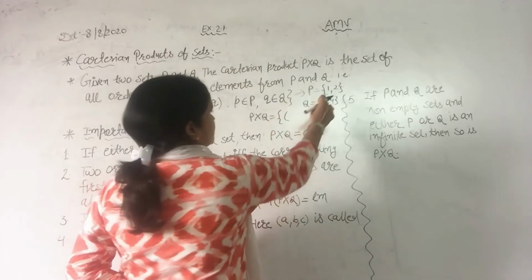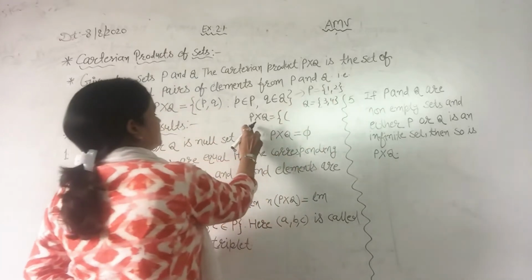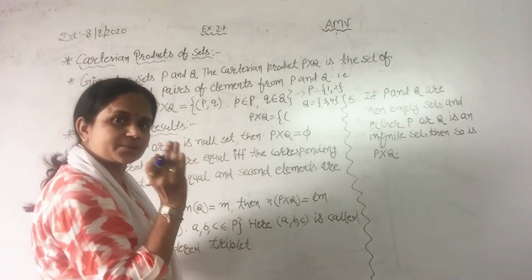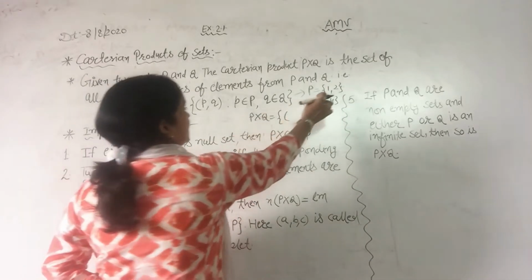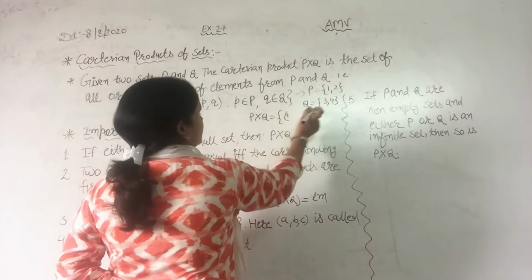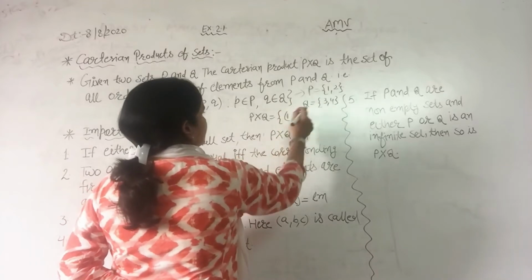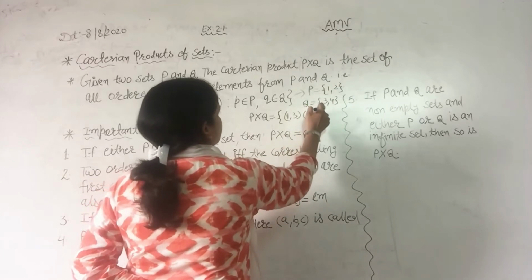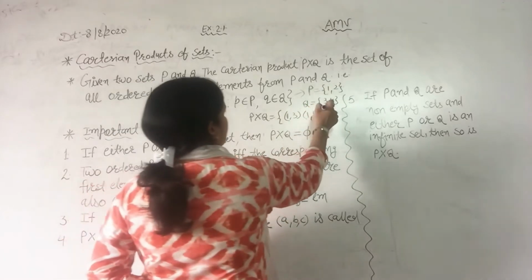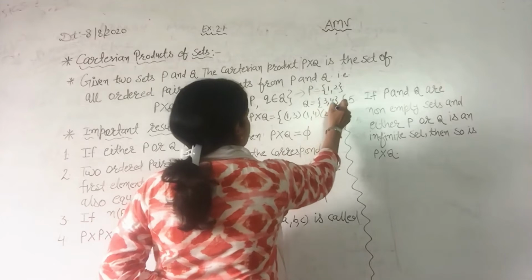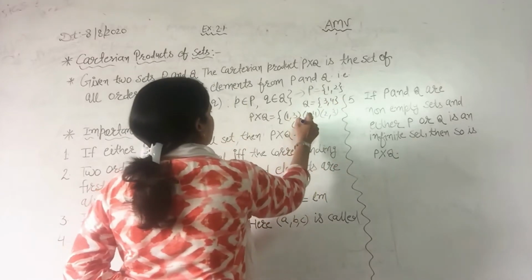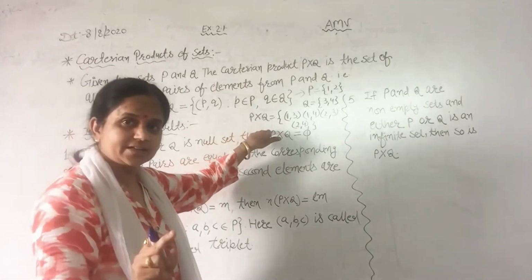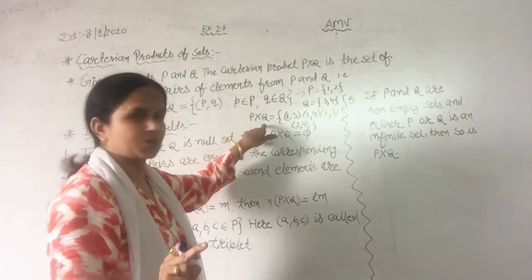Now take the first element from P, since we have written P×Q. So the first element from P is 1 and from Q the first element is 3, so (1, 3). Now again 1 with 4, (1, 4). And now take 2, 3 and here 2, 4. This is the answer. It is known as the Cartesian product of P and Q.